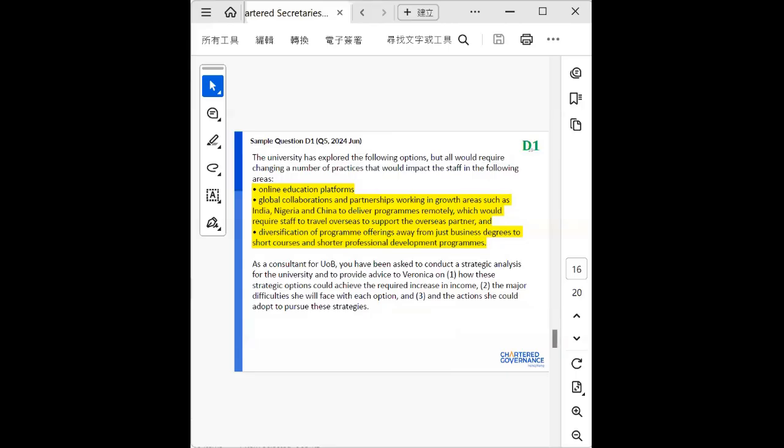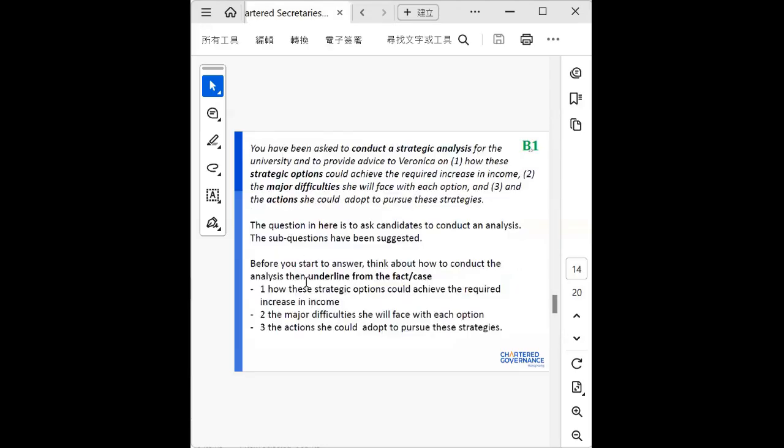So the options are stated very clearly here, and you just discuss each of these one by one. These are the options, and you discuss the difficulties of the options, and you discuss the actions that you should adopt in pursuing the strategy.